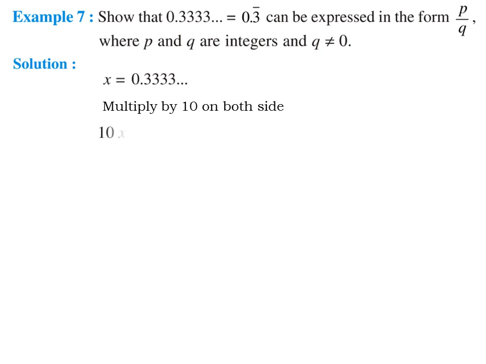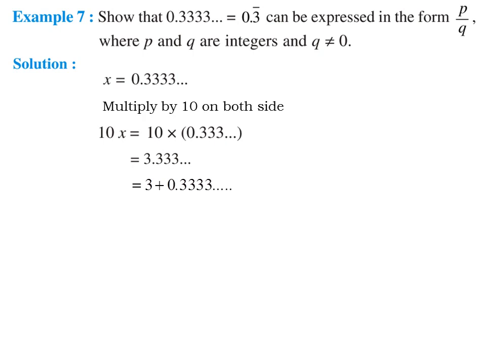So I will get 10x equals 10 into 0.3333 up to infinite times. By multiplying by 10 on the RHS, I will get 3.333 up to infinite times. Now we have to break the value 3.333 into two parts such that one part becomes your x value. So I can write 3.333 as 3 plus 0.333 up to infinite times.